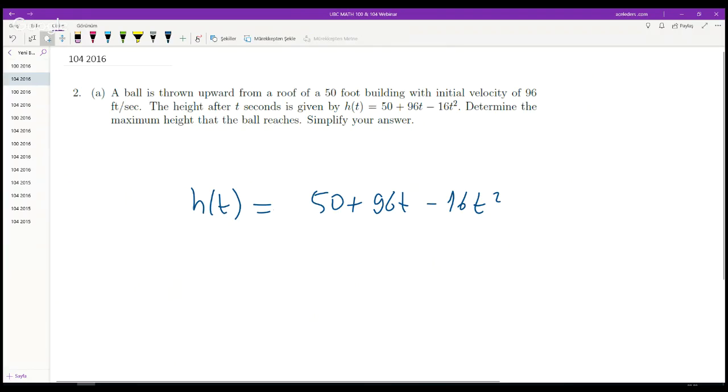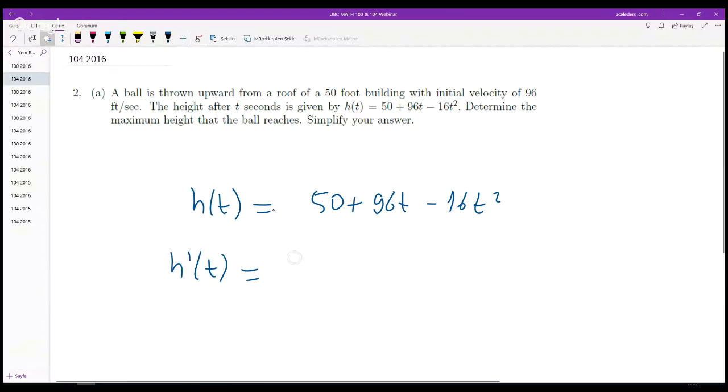And okay, so how can we determine the maximum height? We have the function very explicitly, then we need to find the maximum value of the function, right? Therefore, we need to take the derivative.